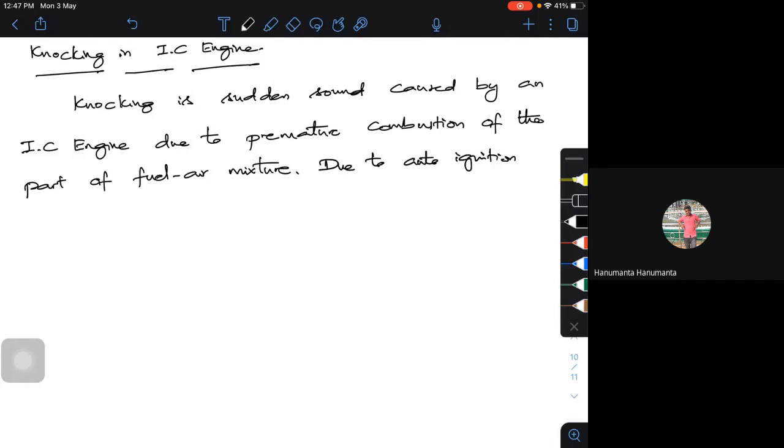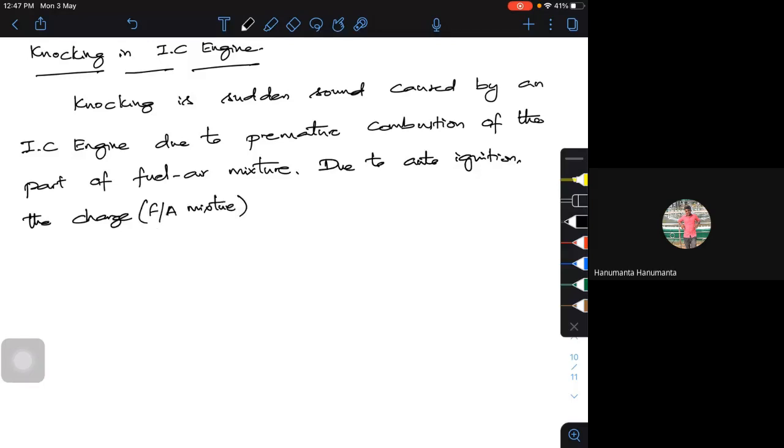Depending on the composition as well, the charge spontaneously ignites ahead of the flame front. The charge is nothing but the fuel air mixture.